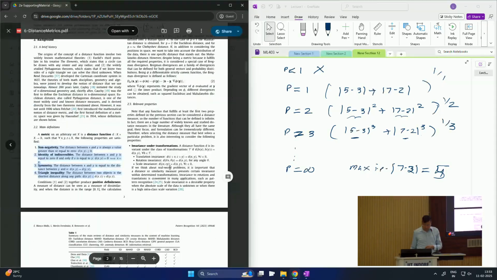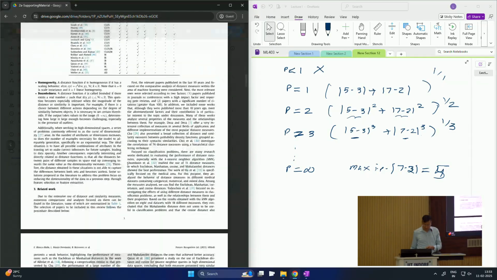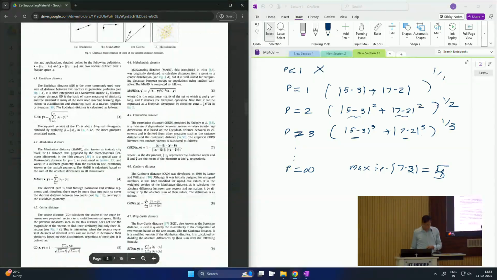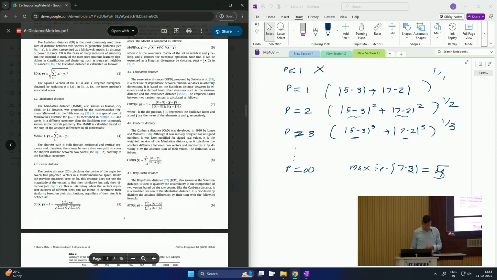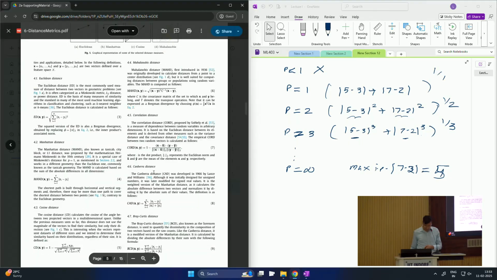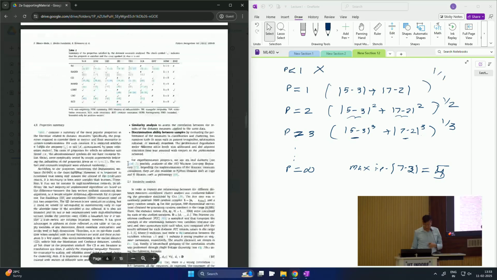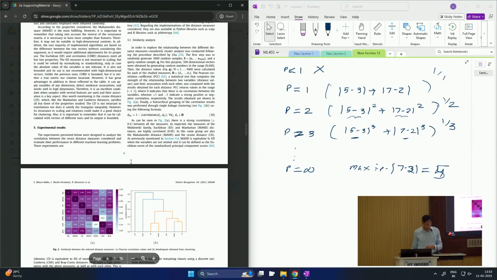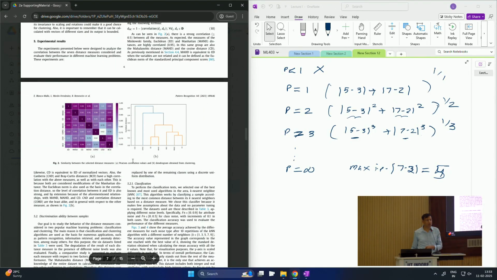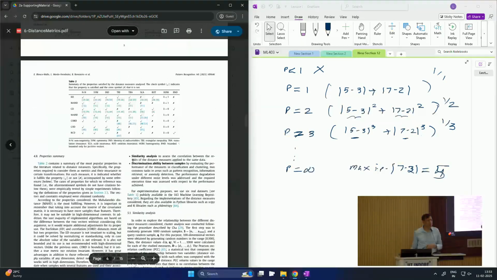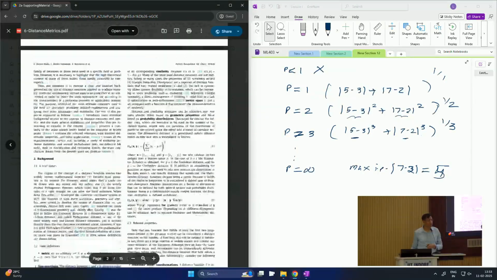Then it talks about some more properties of them. Eventually it goes to Euclidean, Manhattan, cosine distance, which is also used, Canberra distance. So there are many distances. As you will start using machine learning models, you realize that these are not the only ones we're using. There are many other types of distances, and they use these distances in different machine learning models. So you can read about them. Is that okay? It gives you a bigger idea.